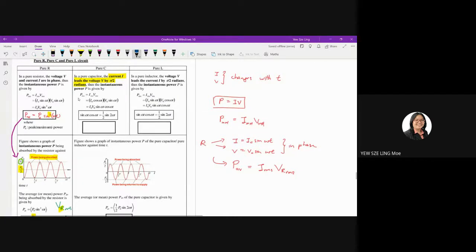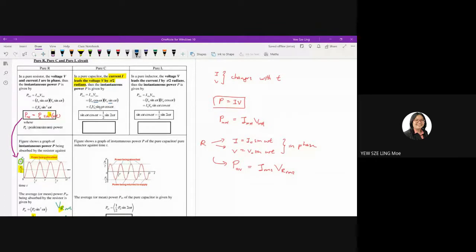If you look at the equation, since you use cos for I, then you use sine for V, because the phase difference between I and V is pi over 2 radian. If the phase difference is pi over 2 radian, then one will be cos and the other will be sine. So I naught cos omega t times V naught sine omega t.